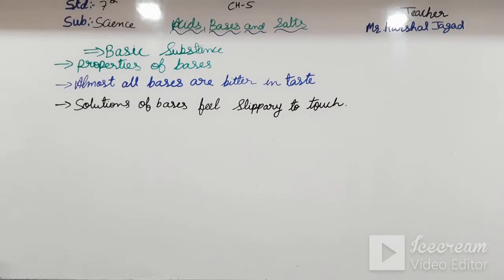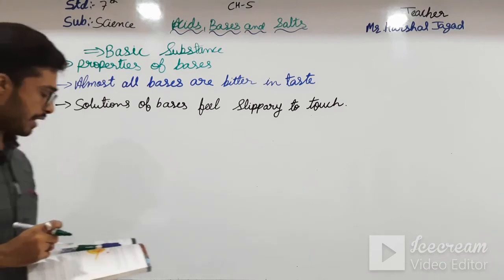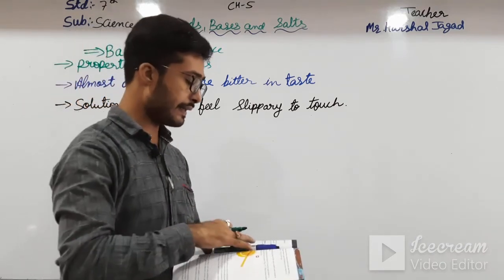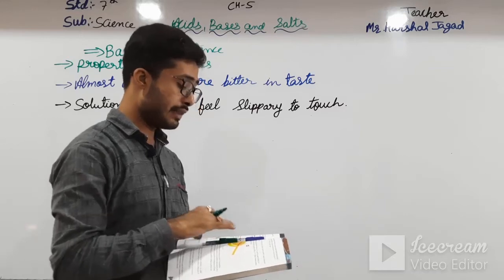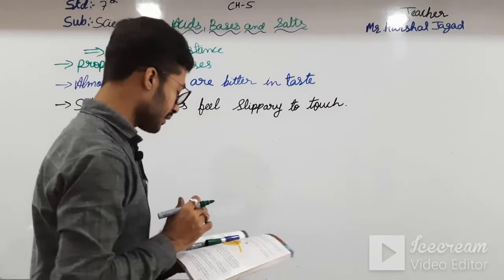Now moving towards the next property. See here, some bases such as ammonia have a strong odor that can irritate the eyes, skin, nose and throat.